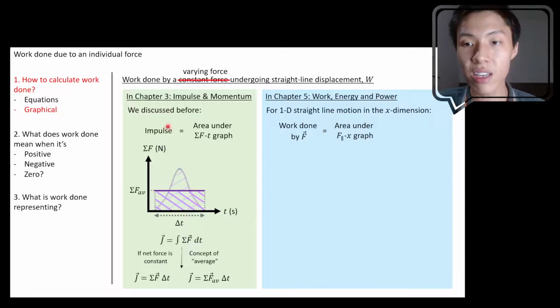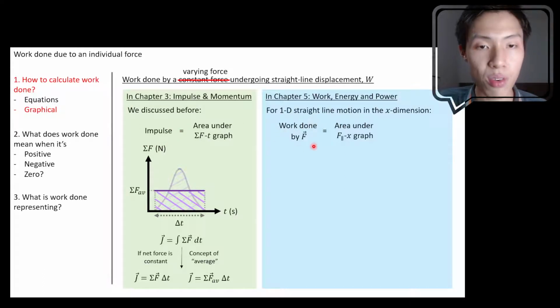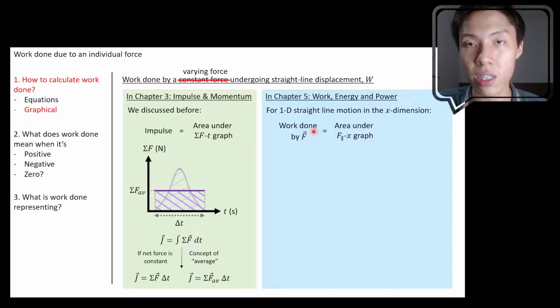In chapter 3 we created a new physical quantity, impulse. In chapter 5, we create a new physical quantity called work done. And the work done by this force F is represented by the area under the F parallel against x graph.